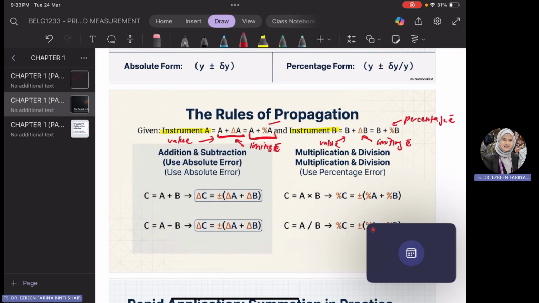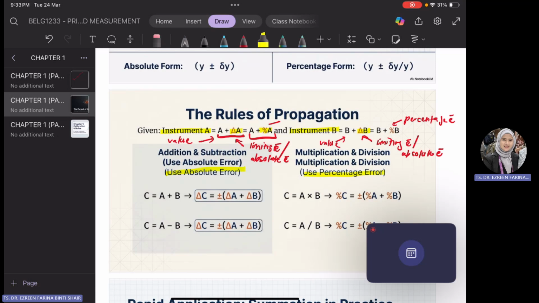If it consists of addition and subtraction, you need to use the absolute error, meaning this one, which we call the limiting error or absolute error. For multiplication and division, you need to use the percentage error, which is this one.